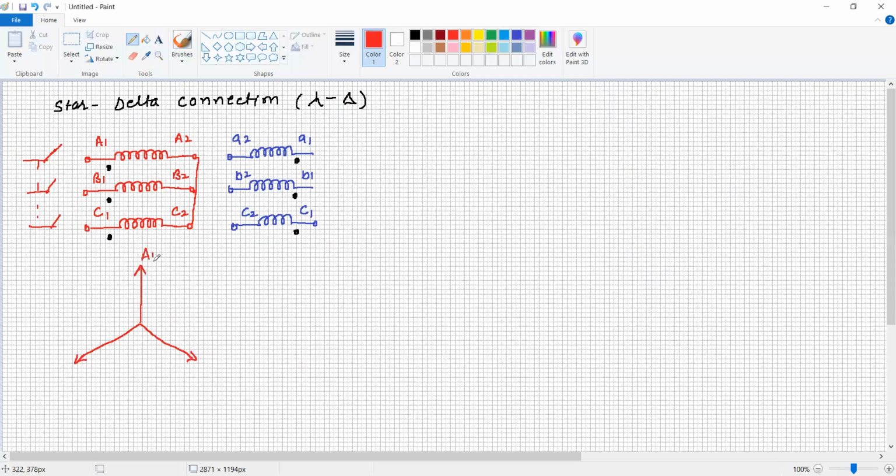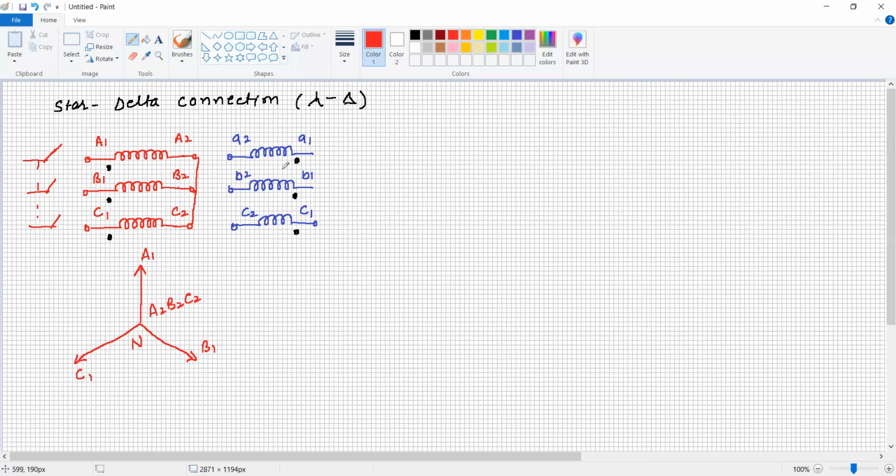Here it is A1, B1, C1. Okay. And it is A2, B2, C2, and it is represented by capital N. So this is the primary voltages.